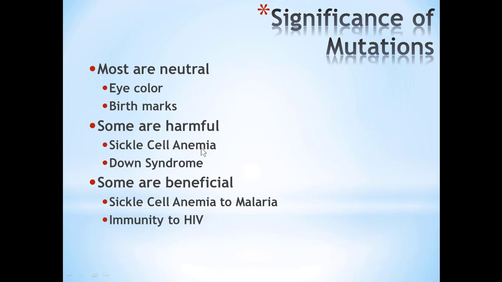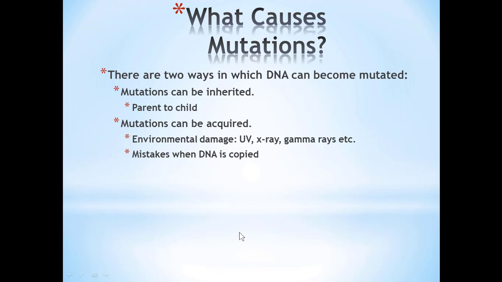But some are beneficial, so there are some pluses from mutation. Sickle cell anemia protects against malaria, which can kill, and the bad blood will not travel in your organism. And immunity to HIV. What causes mutation?